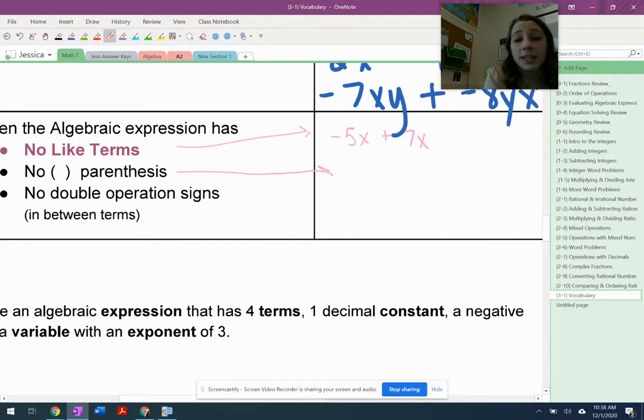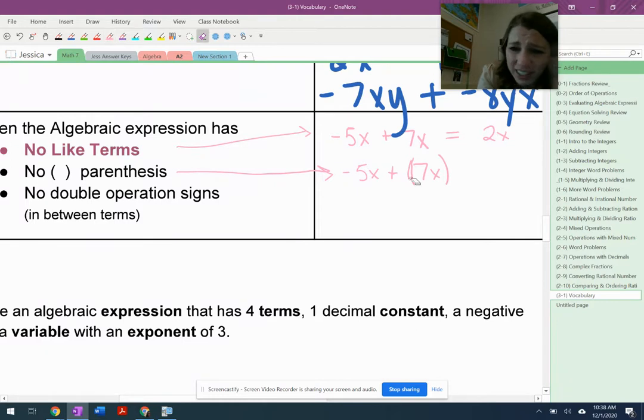No parentheses. So that means if you have an expression that has parentheses, it needs to be re-looked at. So negative 5x plus 7x gives us 2x. No parentheses. So if I had negative 5x plus parentheses 7x.